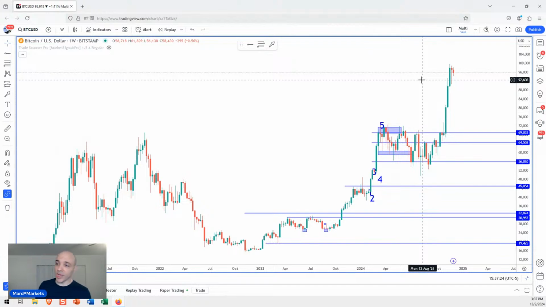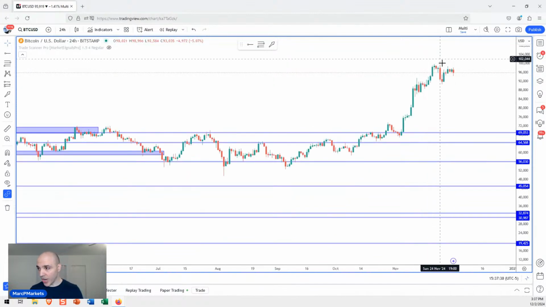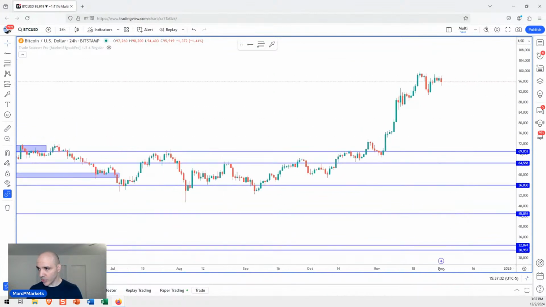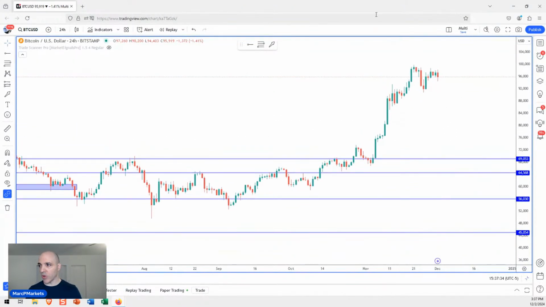Now, one thing I would say about altcoin season and all that other stuff: we have a big change, right? The administration has changed. So that's where a lot of this optimism is coming from. And there's a lot of questions about how the economy is going to change based on all these changes they're going to make.